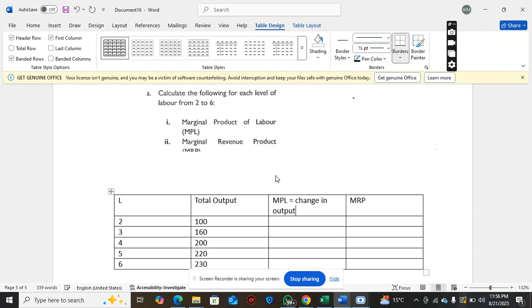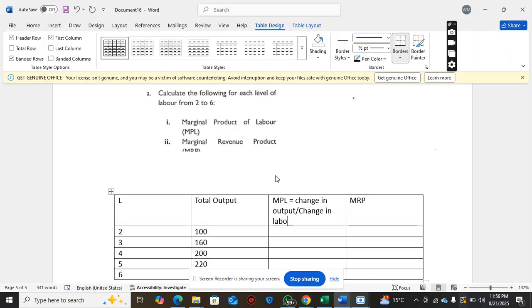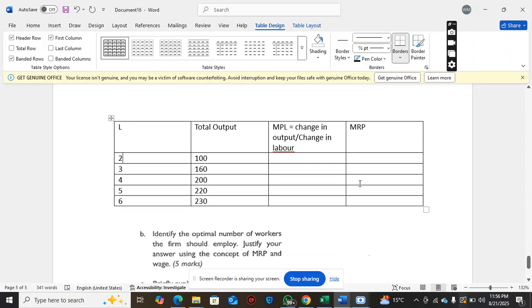Now the change in labor is in increments of 1 unit, so our denominator will be 1. So we just need to subtract the total output.